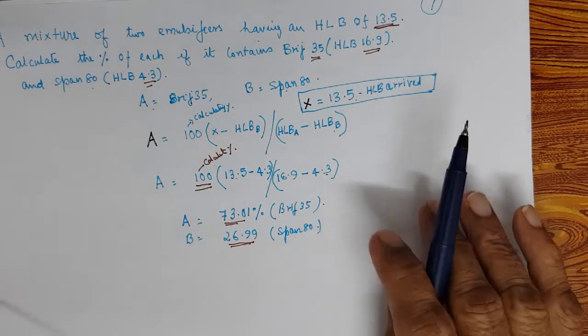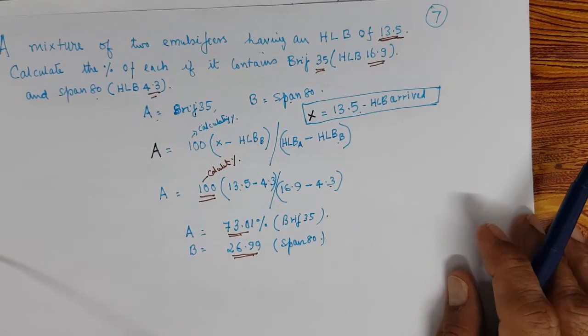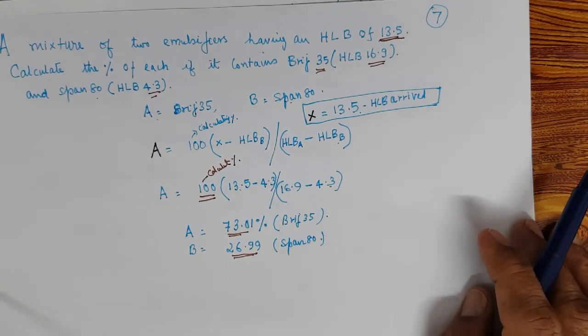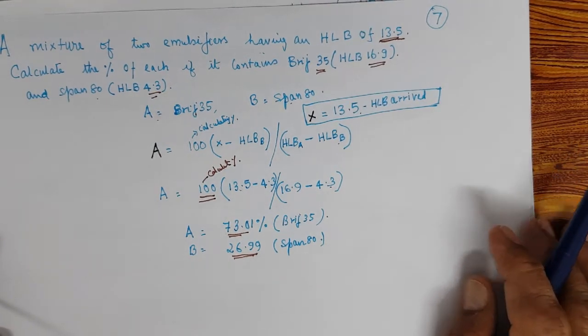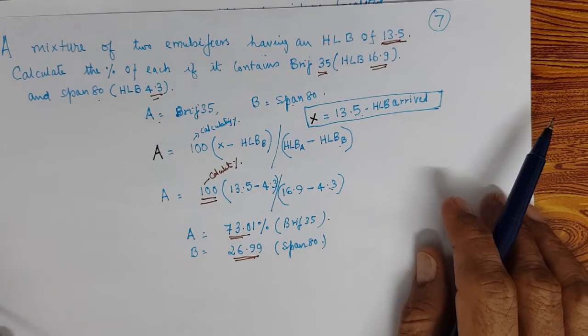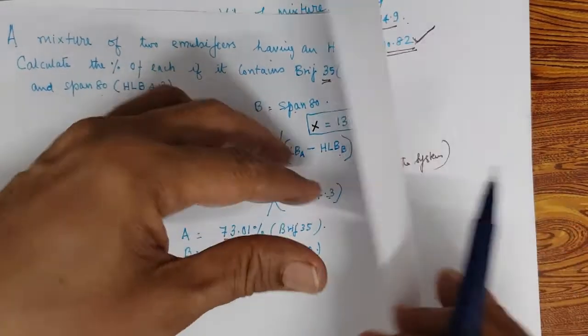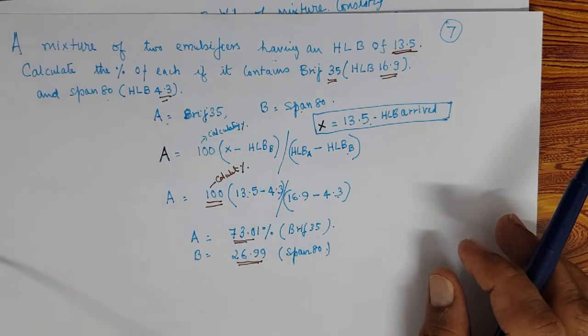So this formula helps, right? How to arrive at this percentage? Any doubt in this, please write to me. I think I have worked it out in such a way that you understand well. I think you have understood. Yes or no? I can't hear you.